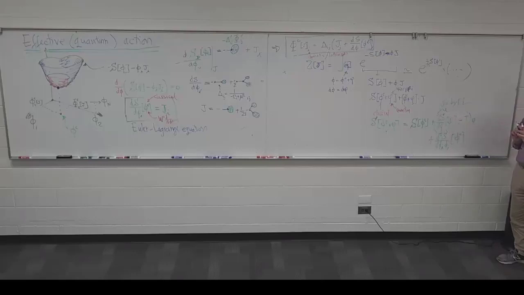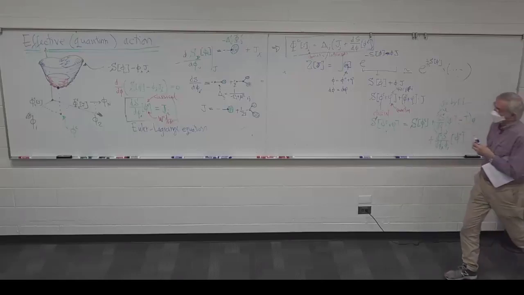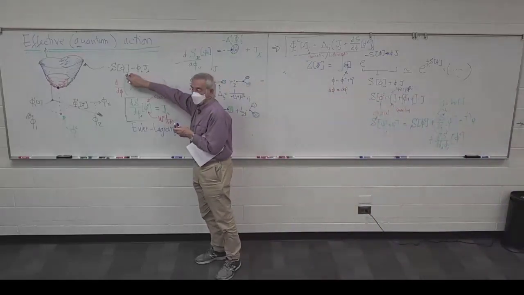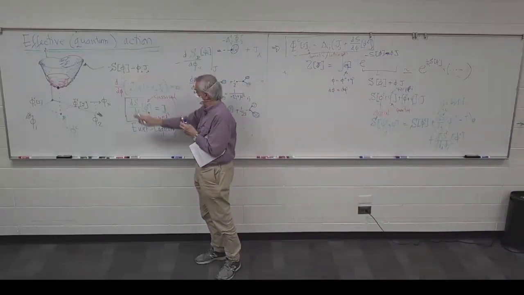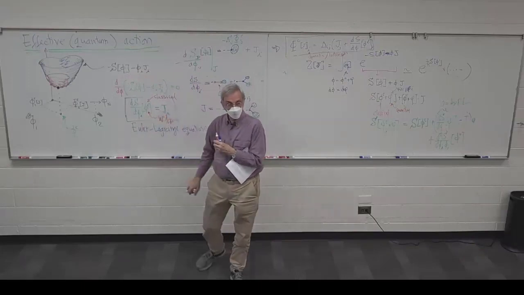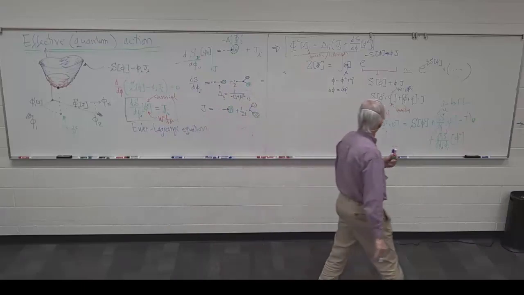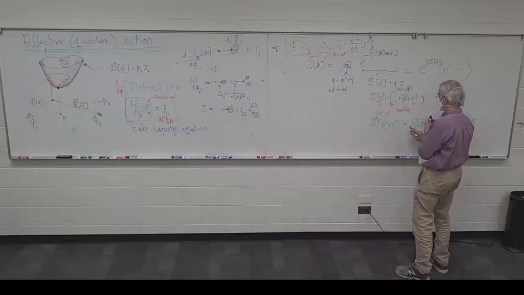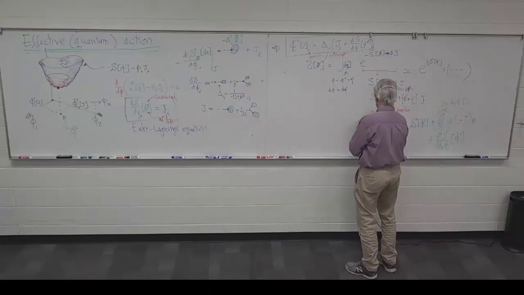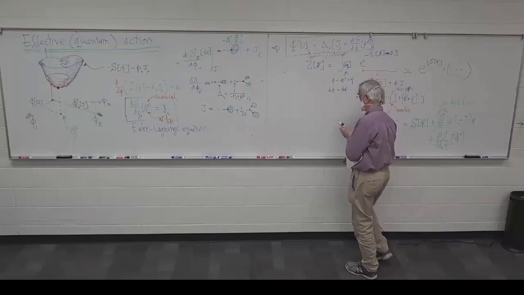So I'm not sure what the j is. j is taken outside of the action, so it shows up here. But then should that also be on the left-hand side then? Yes, it should be here. Plus, minus j dot phi.